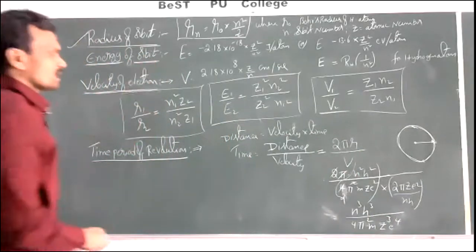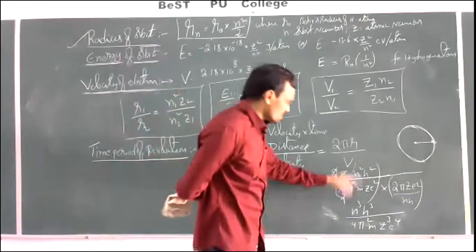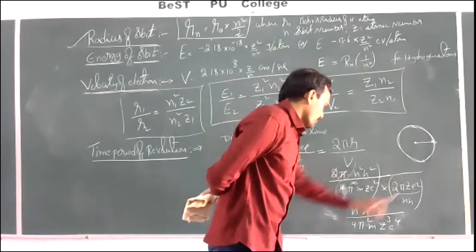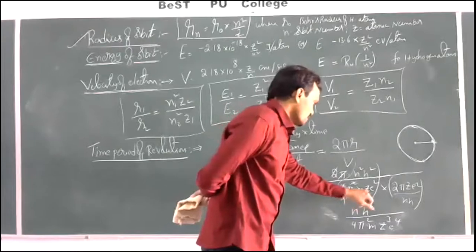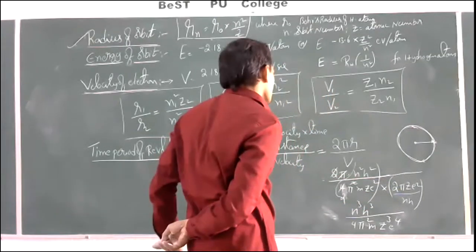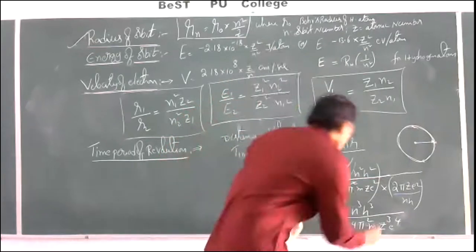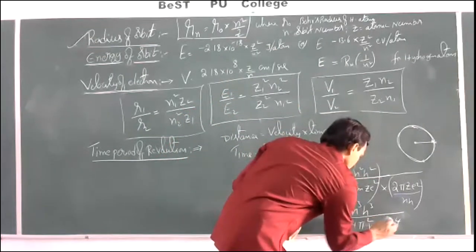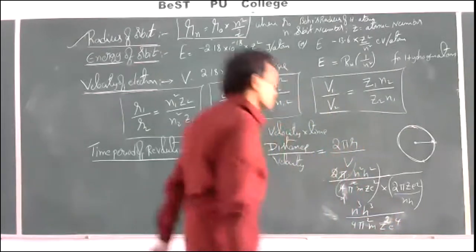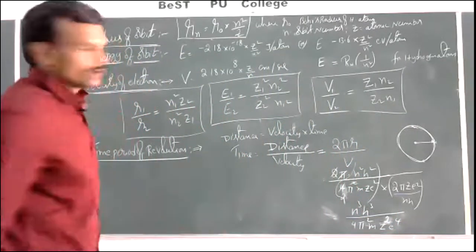This numerator becomes n cube h cube, and here the remaining is 2 into 2, 4 pi into pi square, m z into z square. So this is z square. Z into z square, e square into e square, e power 4.